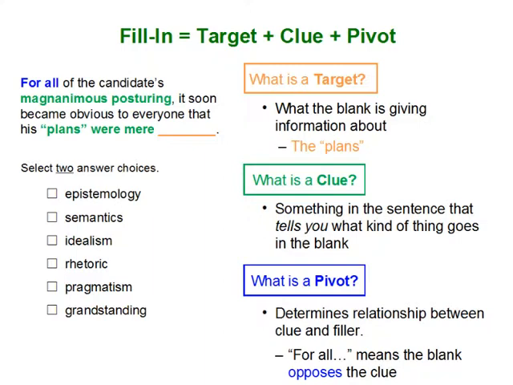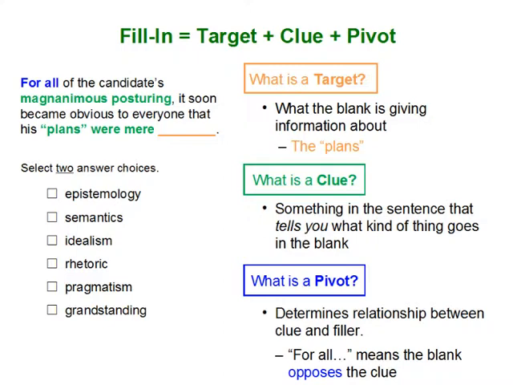So epistemology is the study of knowledge. That's going to be out of there. Semantics, out of there as well, sort of just talking about the meaning. Idealism, notice how these first three words are kind of all in the same ballpark. It's not idealism to have a sort of magnanimous posturing. It was obvious to everyone that he's just talking here. Rhetoric is a good one here. That's going to be a good match.